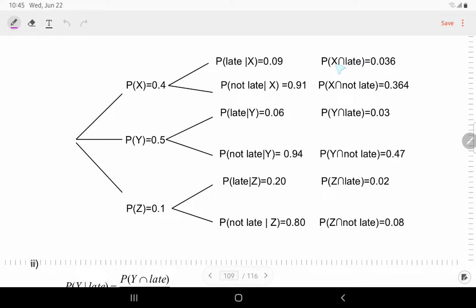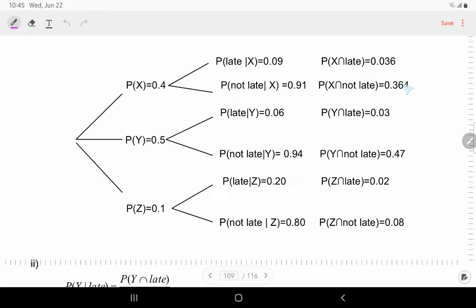Okay, untuk dekat sini, okay, kita kira lah 0.4 multiply with 0.09 equals 0.036. This is the P X intersect late. For probability X intersect not late, okay, dia akan jadi 0.4 times 0.91.